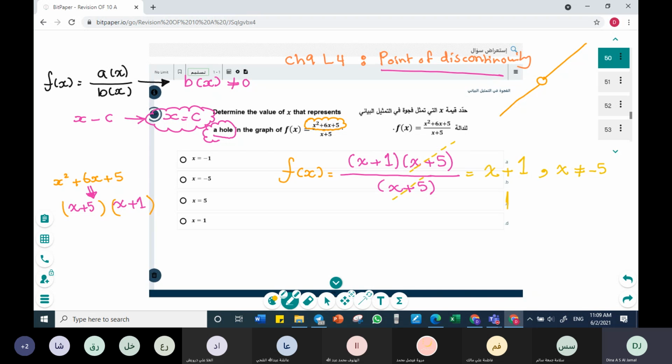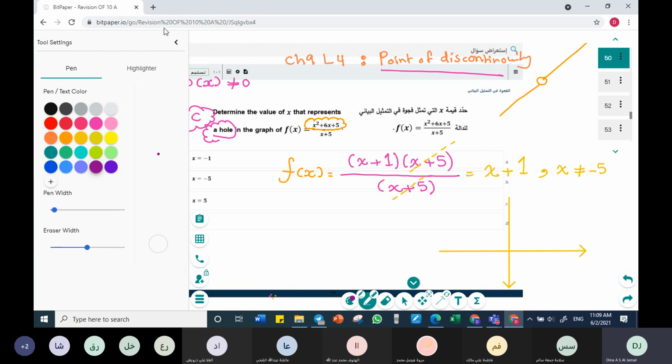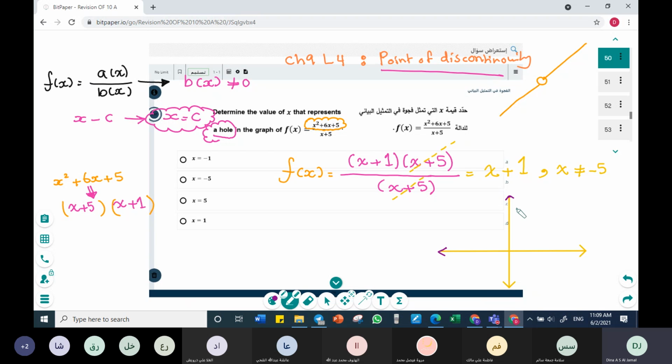So if I would like to draw this, let me simplify it and draw it for you. Just 1 second. Let me just make the axis. If I draw x plus 1, it will have the intercept 0 and 1, and another intercept minus 1 and 0, and it will be a line like this.